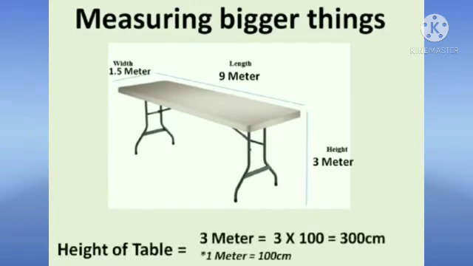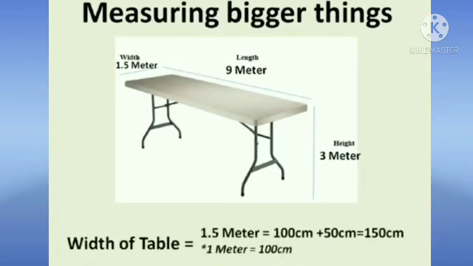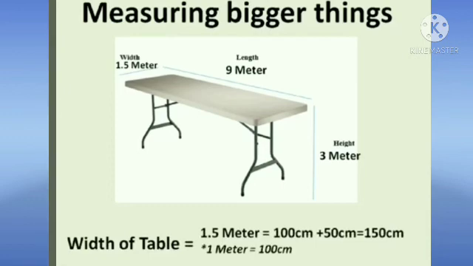Similarly, the height of the table is 300 centimeter or 3 meter. And width of the table is 1.5 meter, 100 centimeter plus 50 centimeter, that is 150 centimeter. Children, please note 1 meter is equal to 100 centimeter.